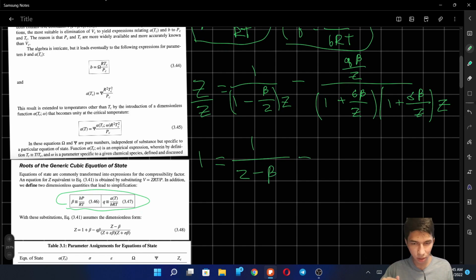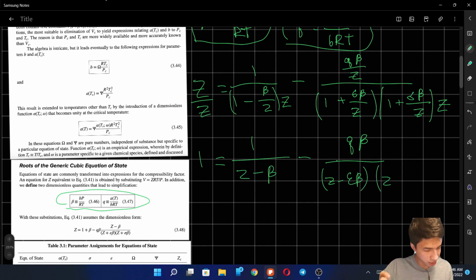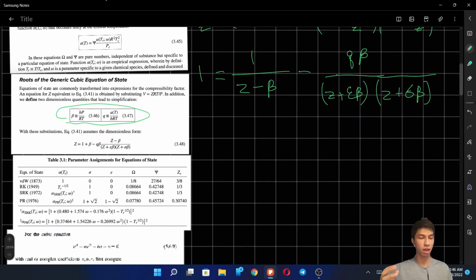And for our second one, we'll have q beta over, if we divide it once by z and move the z squared down, we'll have z minus epsilon beta and z, sorry, it was plus sigma beta, right? So we have our equations and it looks much more simple now.